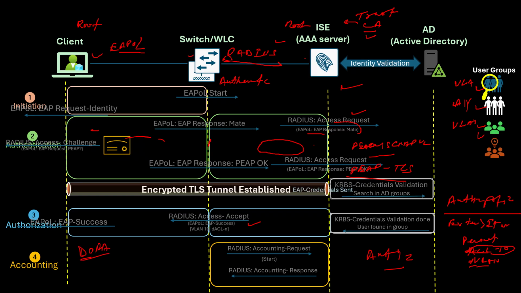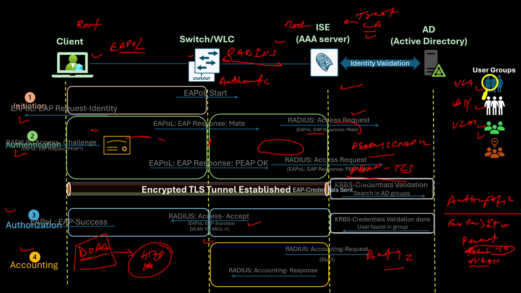Only then will the user get the IP address, and then it can send HTTP or DNS traffic for communication to websites or the internal network. After the authentication, once the success packet is received by the authenticator, it will start the request for accounting, because you know the steps: initiation, authentication, authorization, and then accounting.